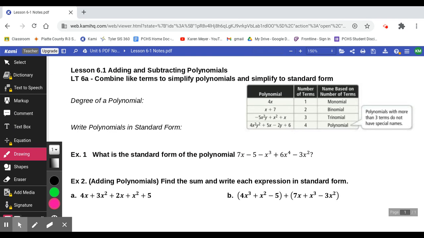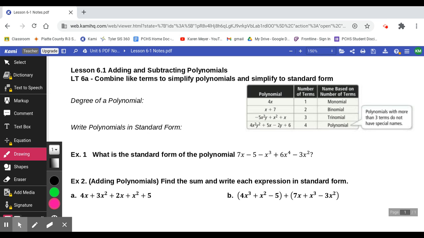So if you look to the chart off to the side, 4x is considered one term because there's no plus or minus between the 4 and the x, and a one term is called a monomial. X plus 7, since there's a plus in between the x and a 7, those are considered two separate terms, and two terms is called a binomial.